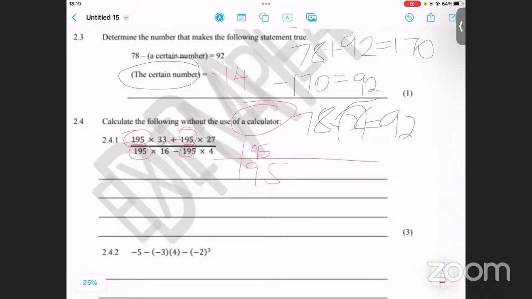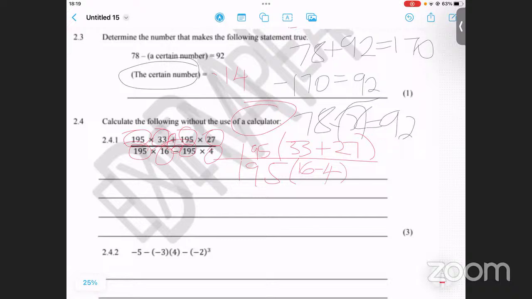I'm just gonna write it and then open a bracket. We have a what? We have a 33, so it's going to be 33 plus 27, close the bracket. And then if you go to the denominator, we have a 16 and then minus 4. So it's going to be open bracket 16 minus 4, then we close our bracket.